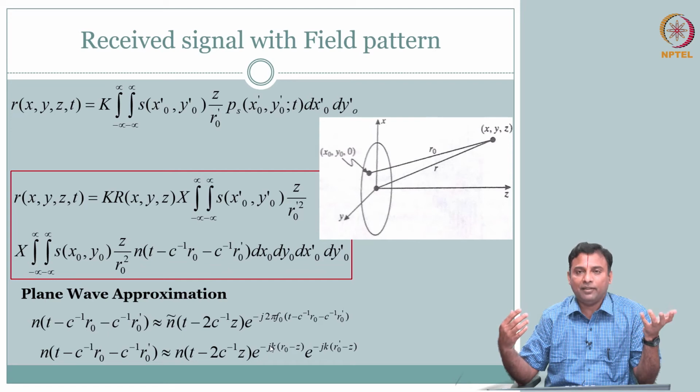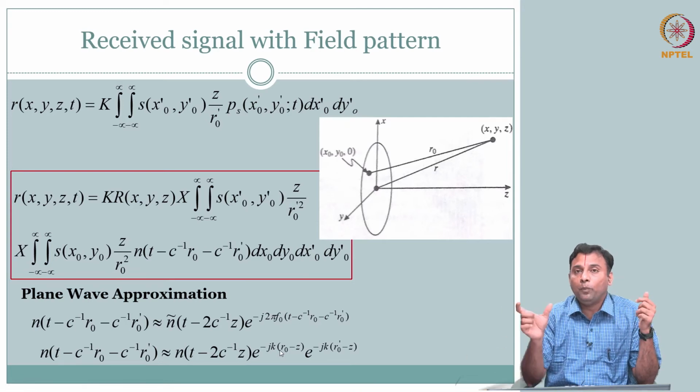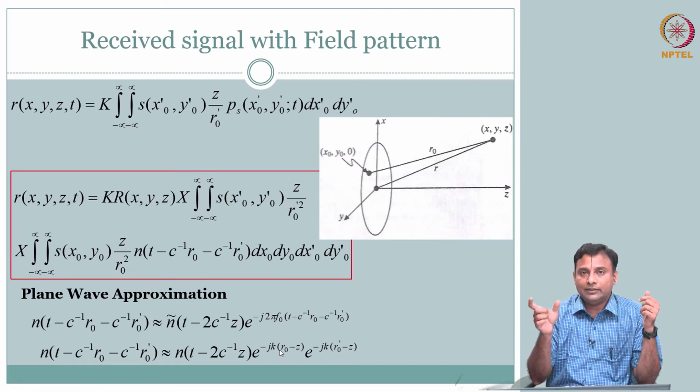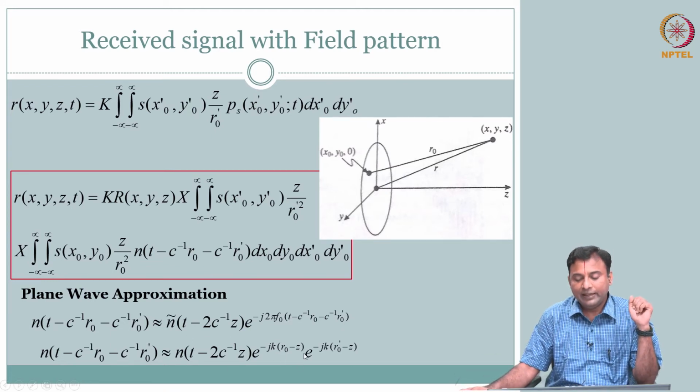Therefore, wave number becomes convenient. So, instead of 2 pi f naught, we will switch to k. What is k? 2 pi by lambda. 2 pi distance by lambda is your k, the wave number; go look for that. We are just conveniently writing that in terms of wave number and splitting it.